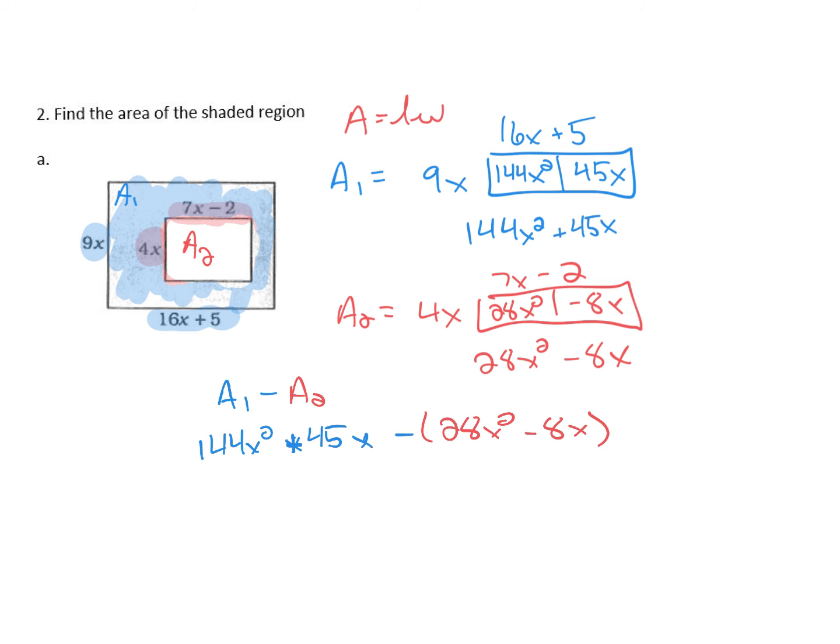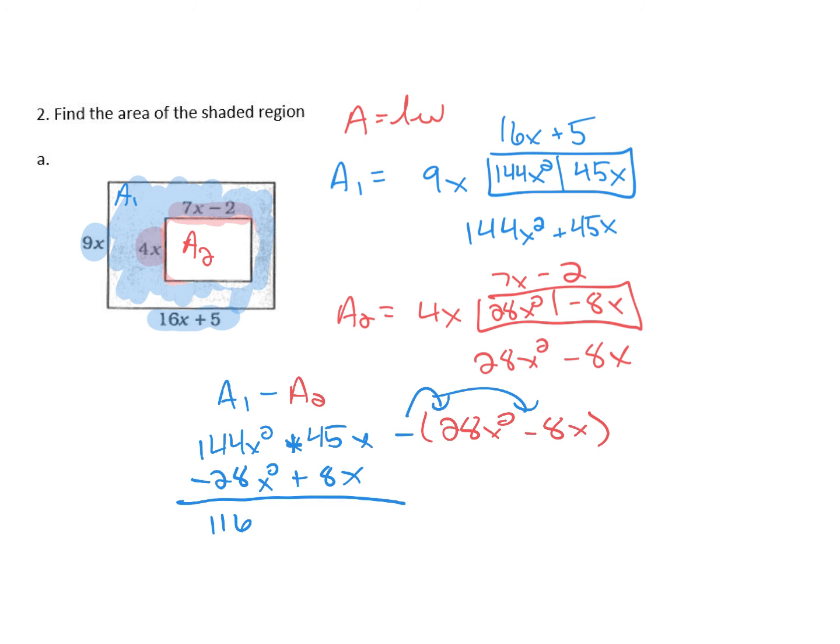So here we are at the point where we are going to distribute. Since these are going to stack up pretty nicely, we'll say minus 28x squared, minus minus is plus 8x. And now we're subtracting.